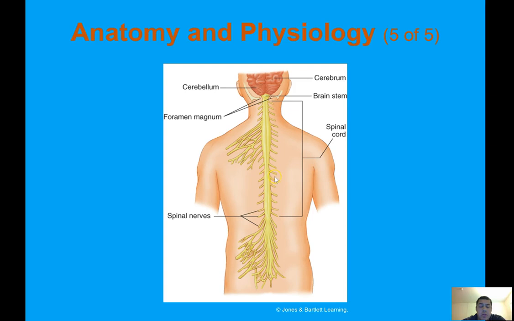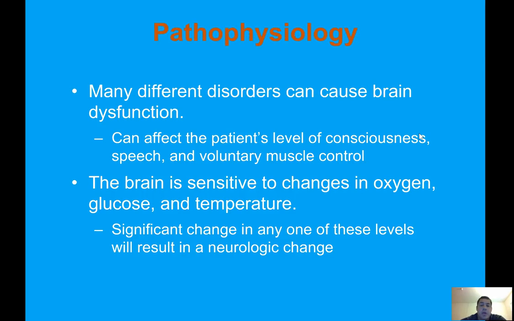And your spinal cord is also broken into different parts as well. Many different disorders can cause brain dysfunction, can affect the patient's level of consciousness, speech, and voluntary muscle control. The brain is sensitive to changes in oxygen, glucose, and temperature. Significant changes in any one of these levels will result in a neurologic change.